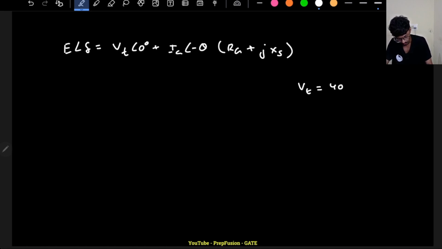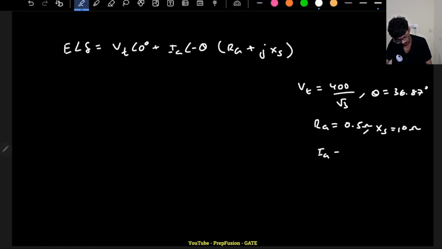Vt is 400 divided by root 3. Theta is 36.87, Ra is 0.5, Xs is 10 ohms, and Ia is 14.43.